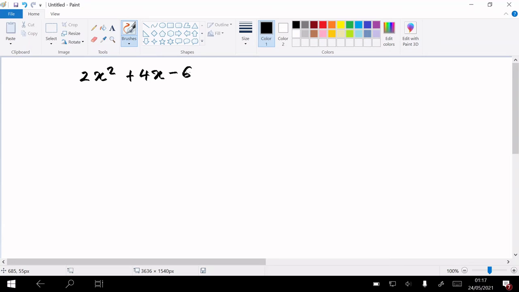I'm trying to complete the square for this expression, but there is something very different. Something that is very different is the 2 in front of the x squared. All this while I was used to just halving the number in front of x, but now I have a number in front of x squared. So what should you do?